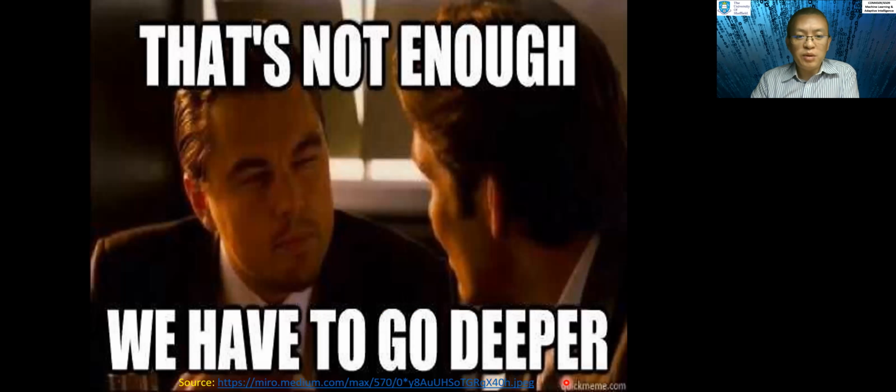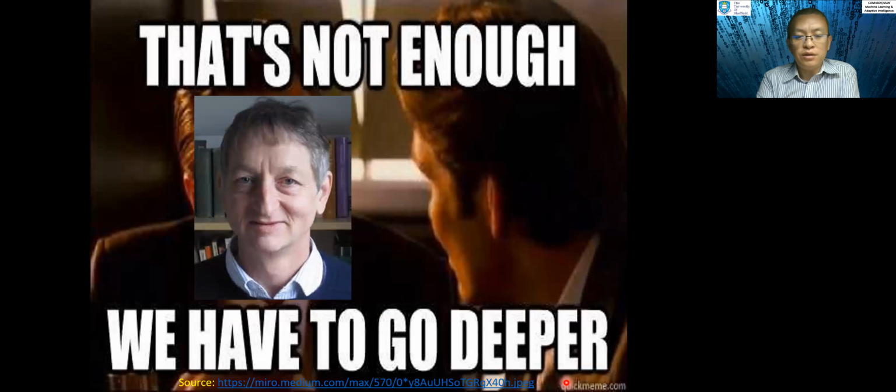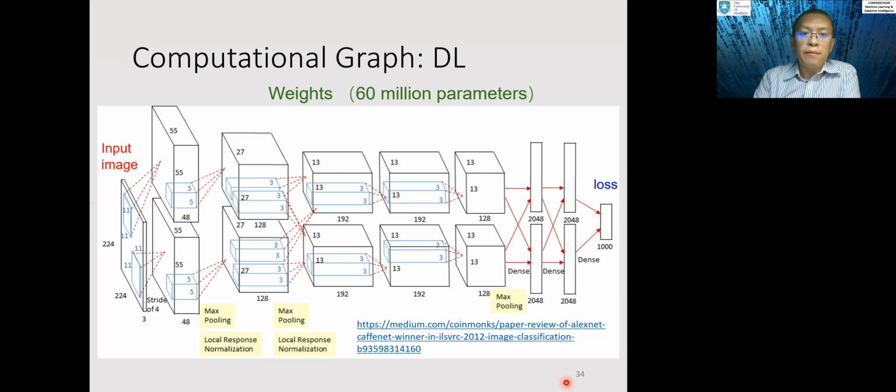And you may see this picture on the internet, but the father of deep learning is Professor Hinton from the University of Toronto. And here are the deep neural networks that made the big surprise in image recognition.